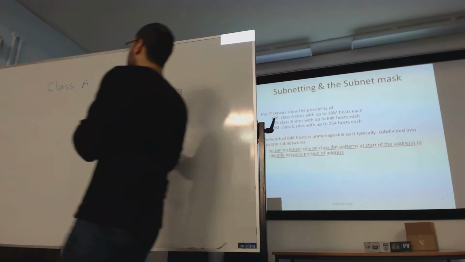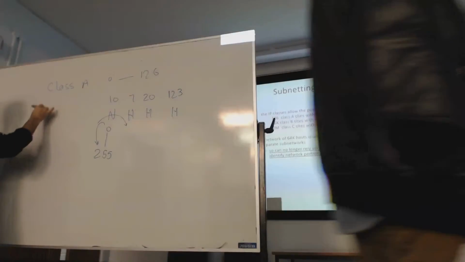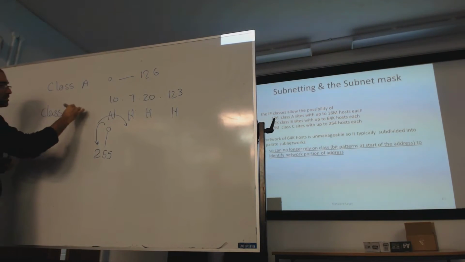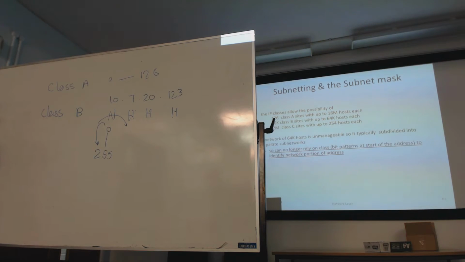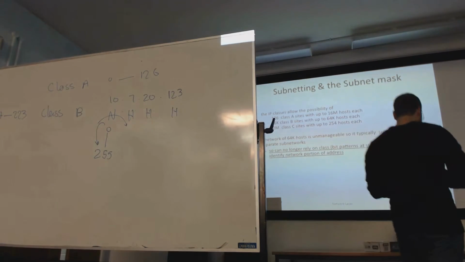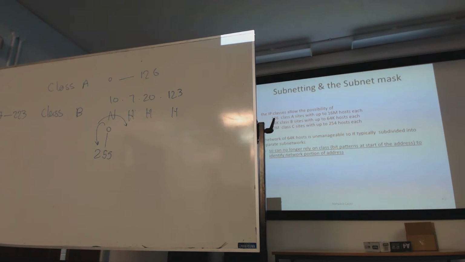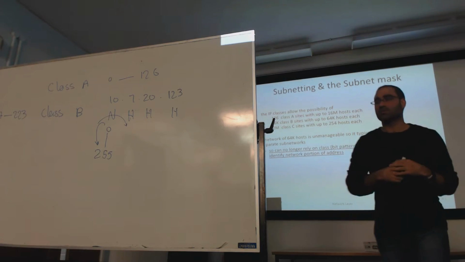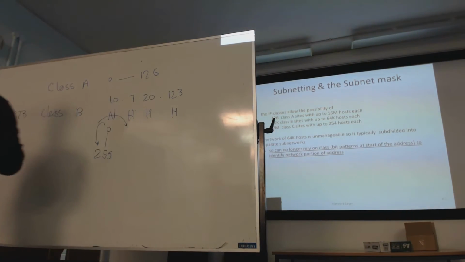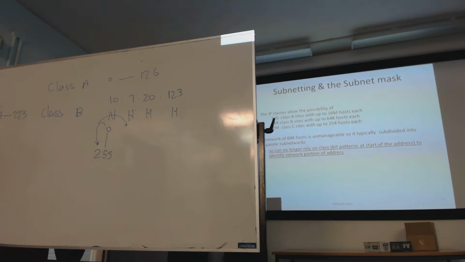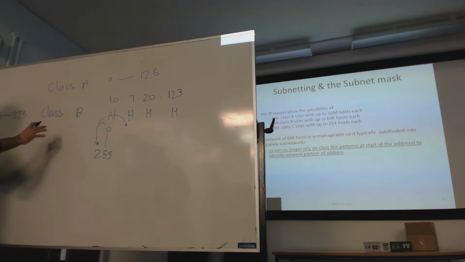Then we have class B, with a different range from, for example, 128 to 191. I'll give you the exact ranges. And then eventually class C will be the lowest part of the network. So for class B, how many bytes are the actual network and how many bytes are the actual hosts?